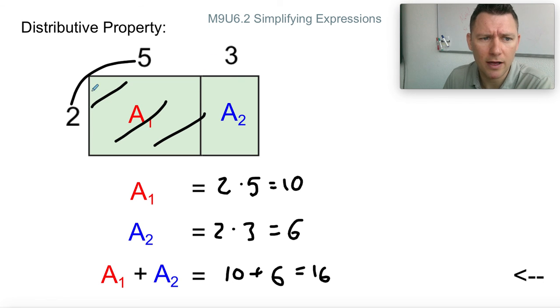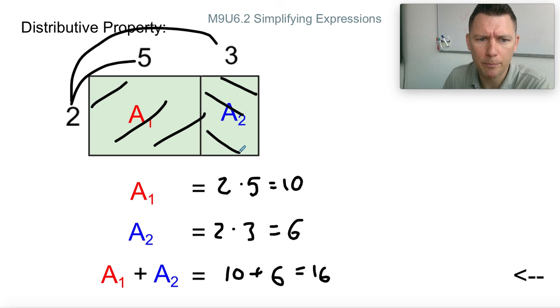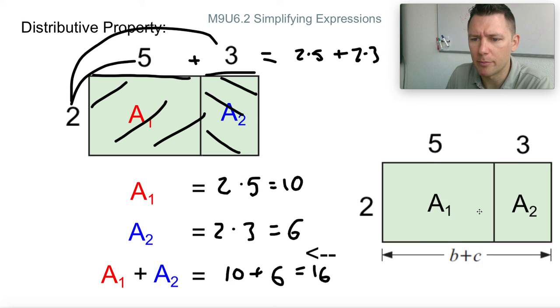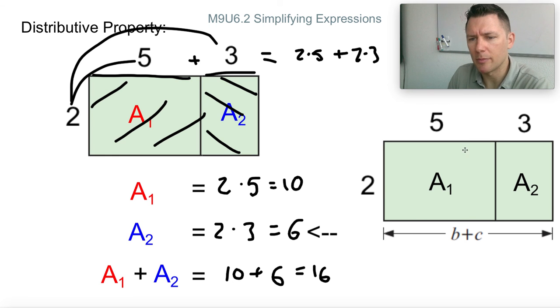You go 2 times 5 and also 2 times 3. And you just add those up, right? Because this length is 5 plus 3 more. So you can call this thing 2 times 5 plus 2 times 3. Okay. That's easy with numbers. We're going to do it in a second with not numbers. So one way to think about it is like that.